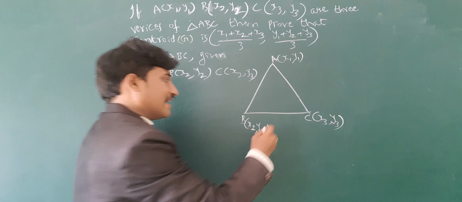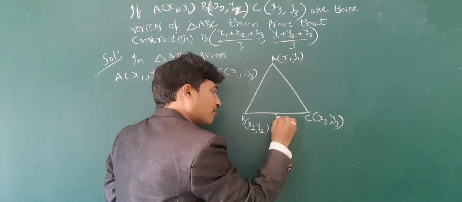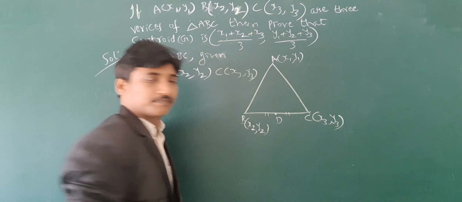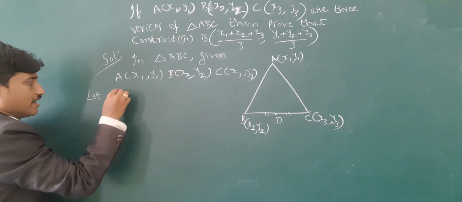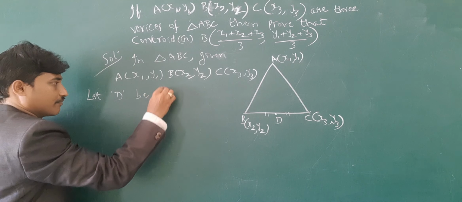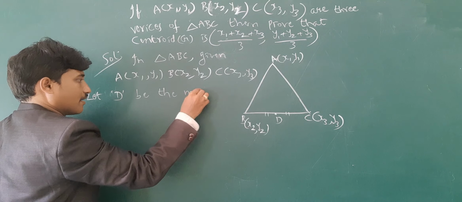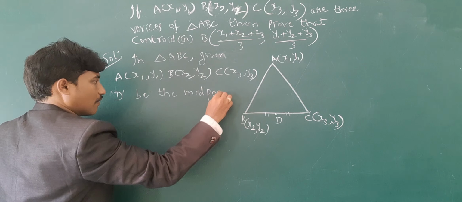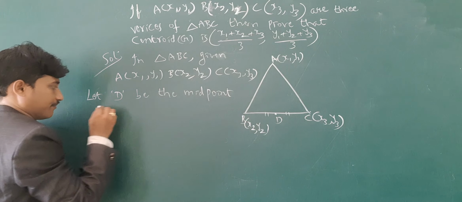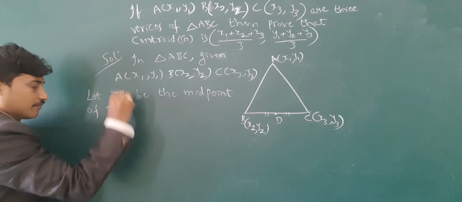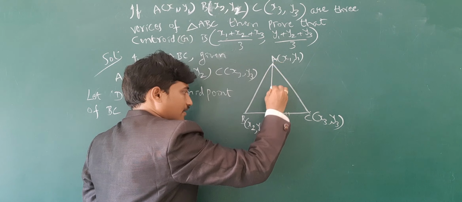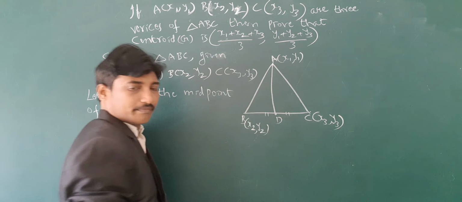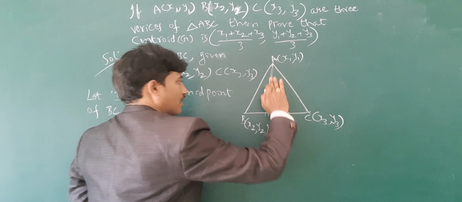Let us take D as the midpoint of BC. Then join AD. AD is a median.